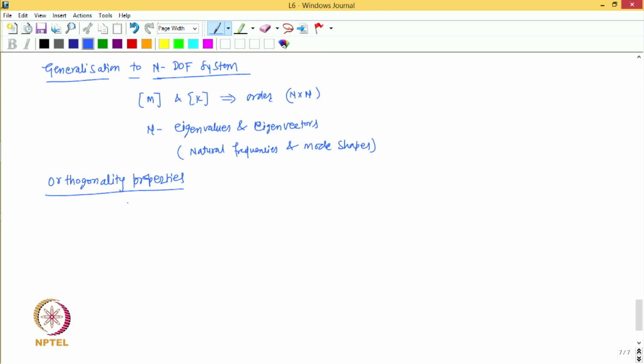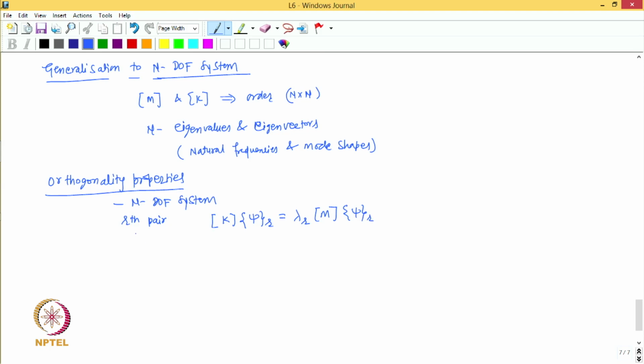So, let us say we have an n degree of freedom system, and let us now take the rth eigenvalue eigenvector pair. So, for the rth pair of the eigenvalue and eigenvector, we can write the eigenvalue problem as k psi r is equal to lambda r m psi r.